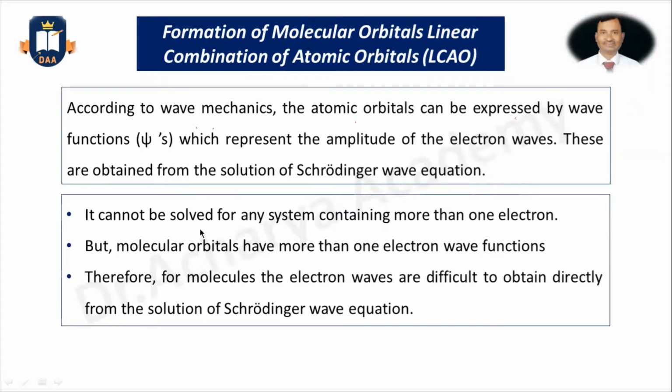But it cannot be solved for a system which has more than one electron, like a molecular orbital. For molecules, it is very difficult to obtain the wave functions directly from the solution of the Schrödinger wave equation.